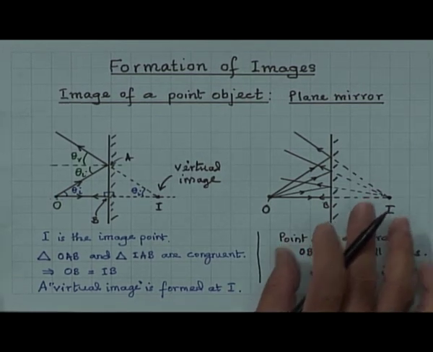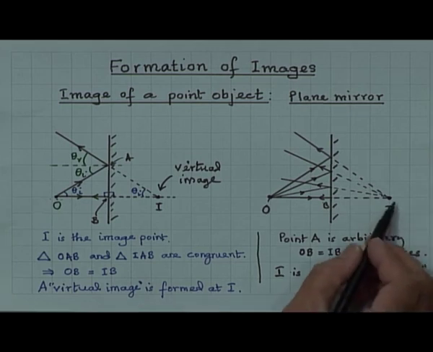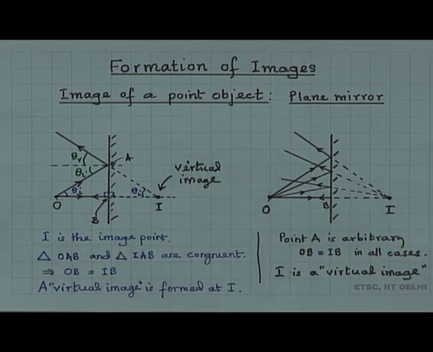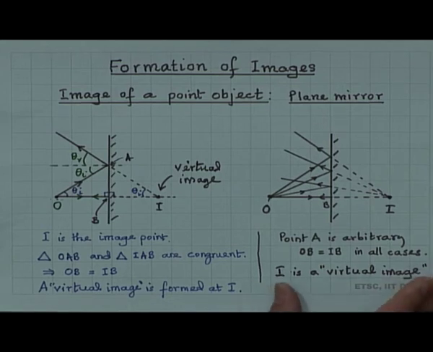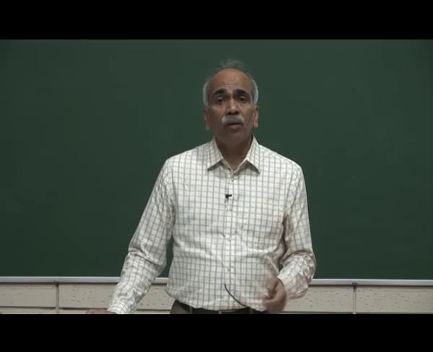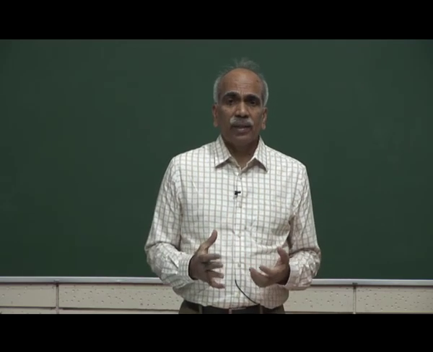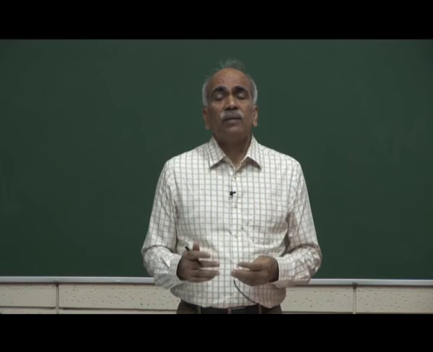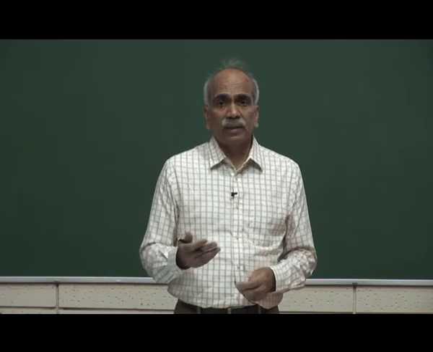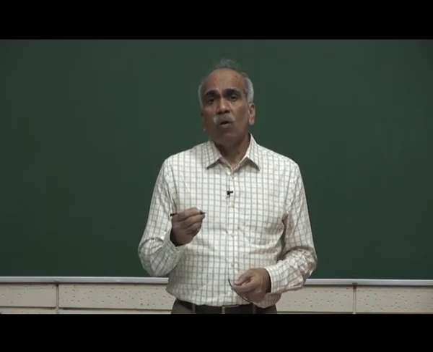This is how we can locate the image of a point object in front of a plane mirror. Why are we first interested in a point object? Because any extended object can be represented as a number of points on the object.